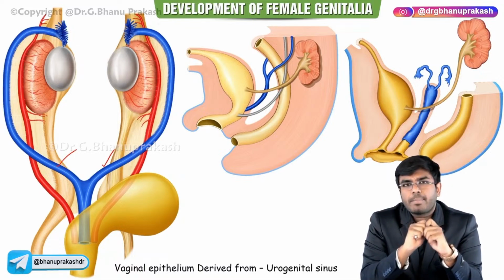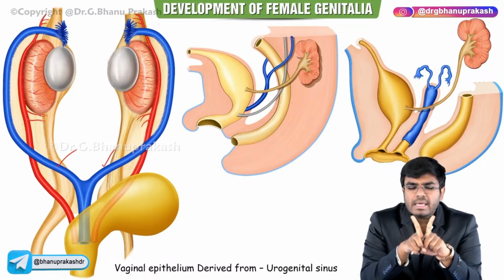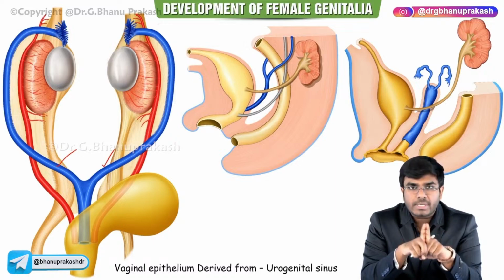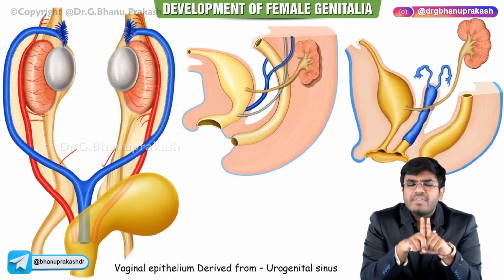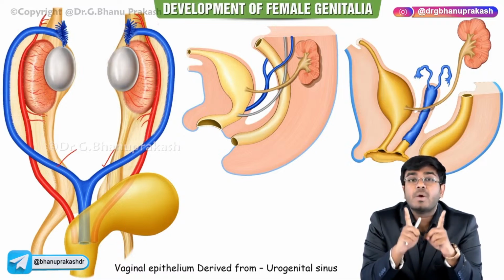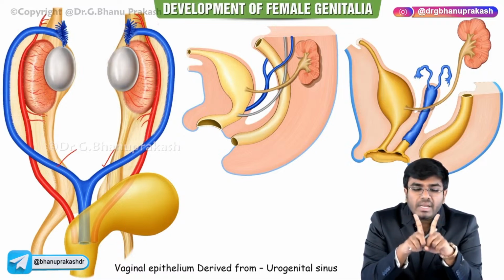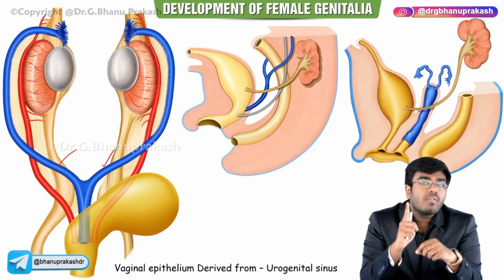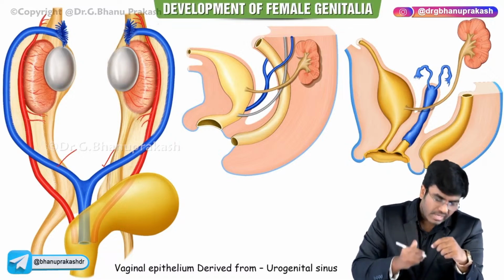How is the fusion happening? It is happening laterally, so there is a normal lateral fusion. Why am I stressing this? Because any defect will cause lateral fusion defects of the Mullerian ducts. Normally the lateral fusion should happen, and it always happens caudally. What do I mean by that?